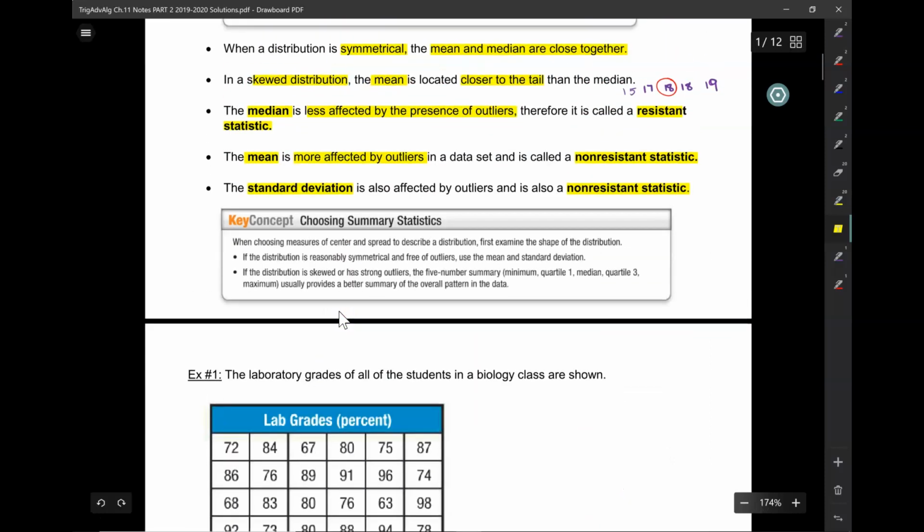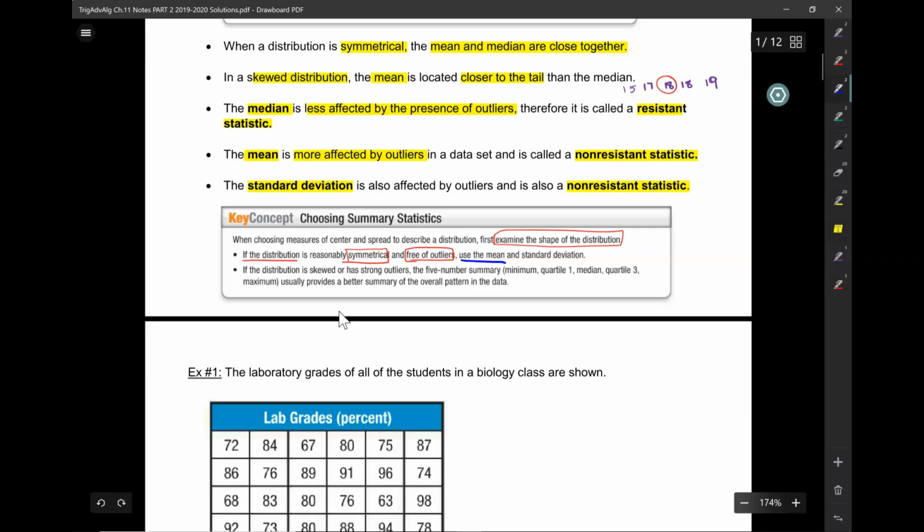All right. So how do you choose to describe your data? Are you going to use median to describe it? Are you going to use standard deviation and mean to describe it? Well, here's how you tell. You first have to examine the shape of the distribution. If the distribution is symmetrical and free of outliers, then you use the mean and the standard deviation.